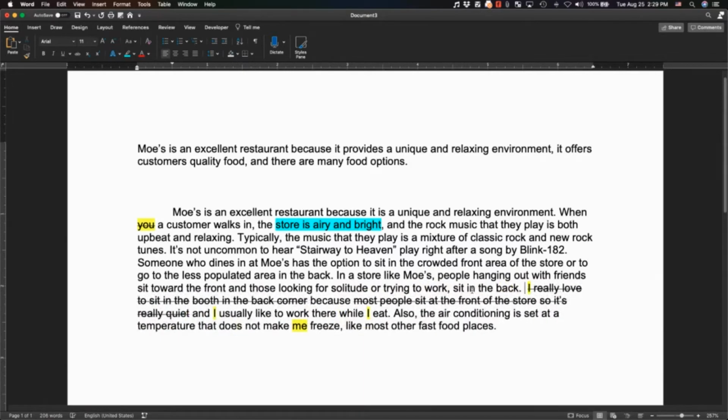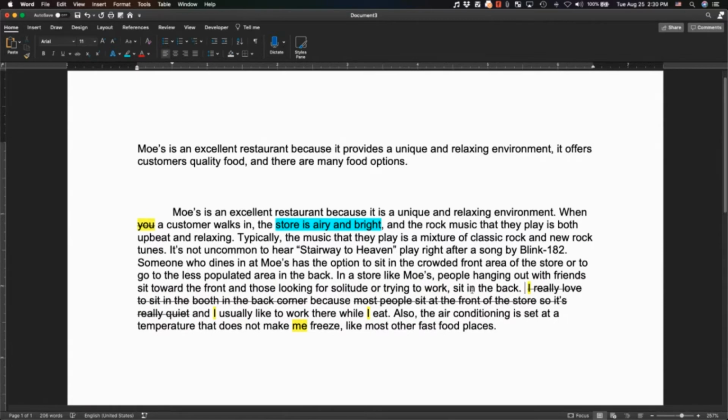All right, so let's look at our two sentences side by side here. Someone who dines in at Moe's has the option to sit in the crowded front area of the store or to go to the less populated area in the back. In a store like Moe's, people hanging out with friends sit toward the front, and those looking for solitude or trying to work sit in the back.